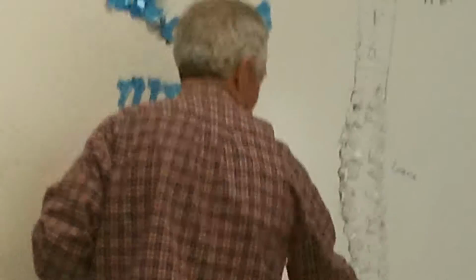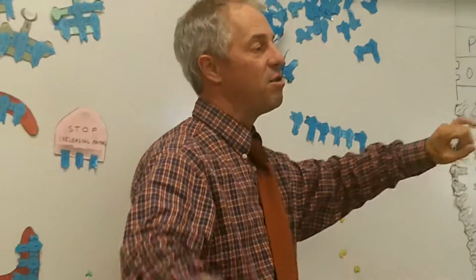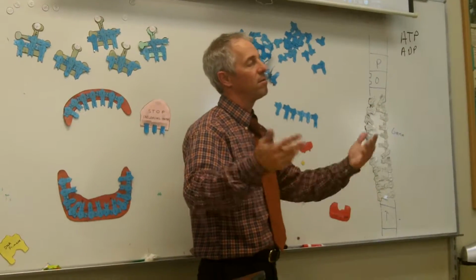And the RNA polymerase falls off at the terminator site. And now, the mRNA is complete. And that process that I just showed you, that's transcription. Can you say transcription? Transcription.